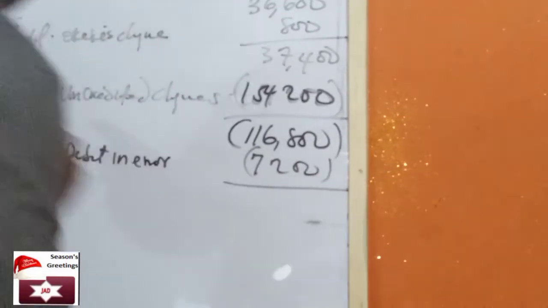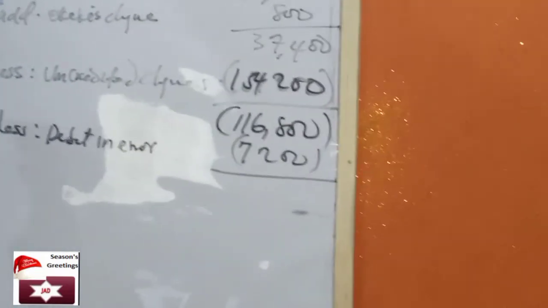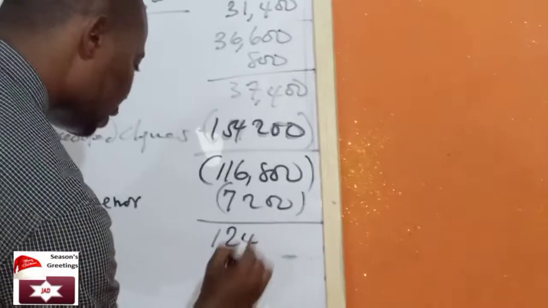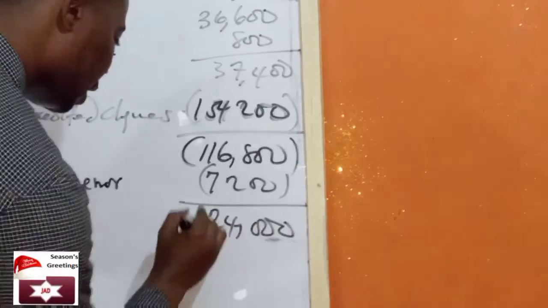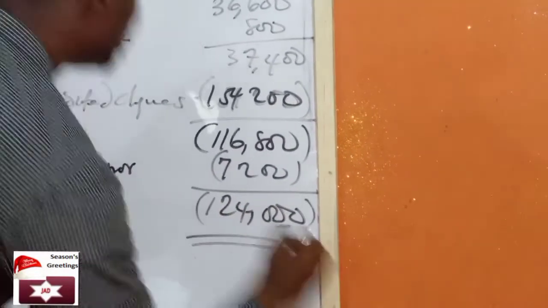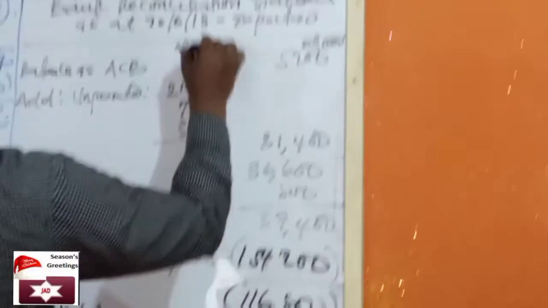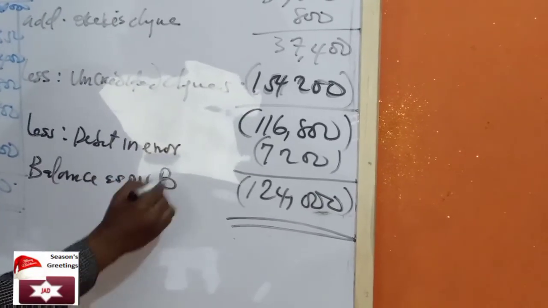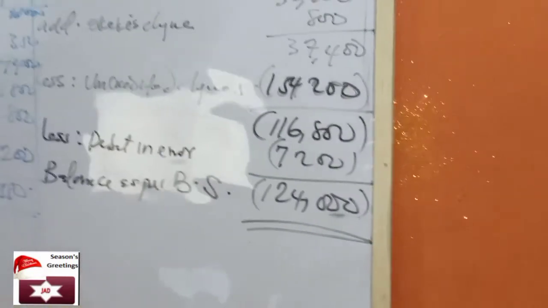They are less, so that will be minus 7,200. So we have 124 million. So this is the actual balance as per bank statement based on the question.